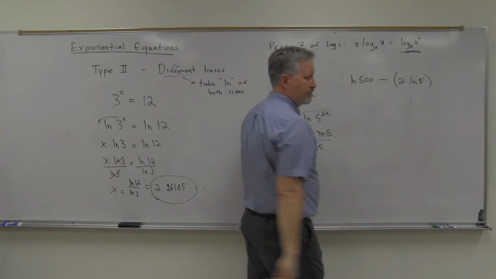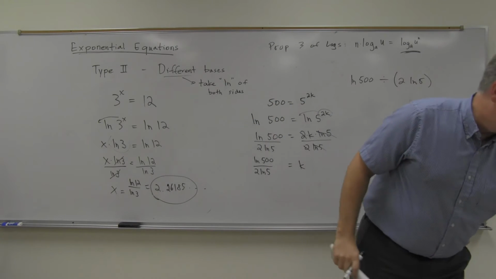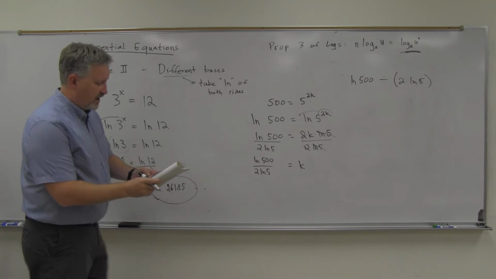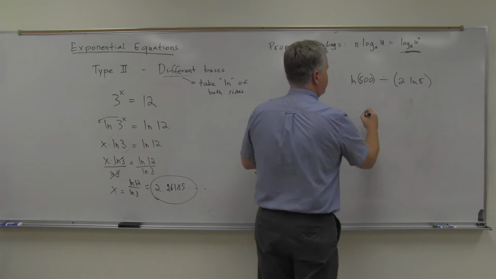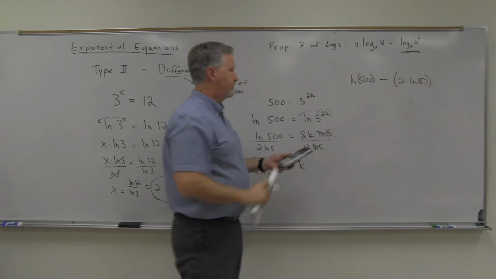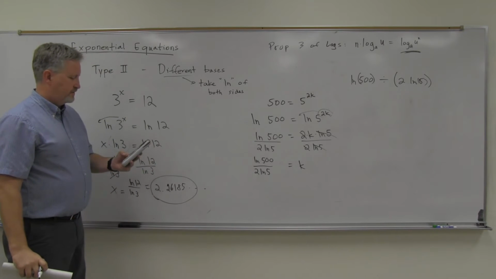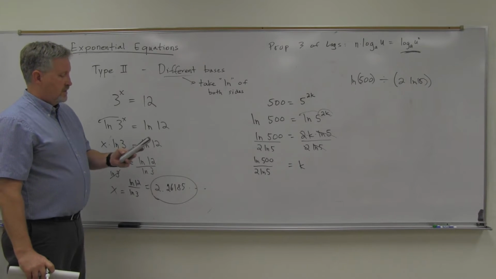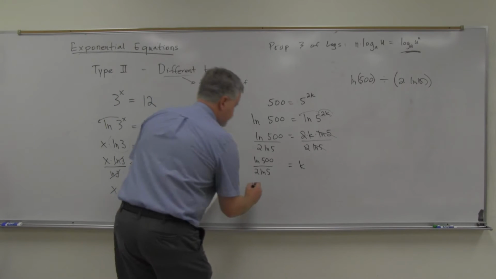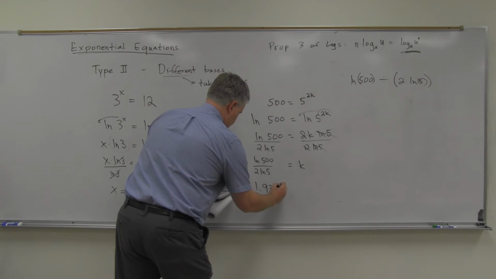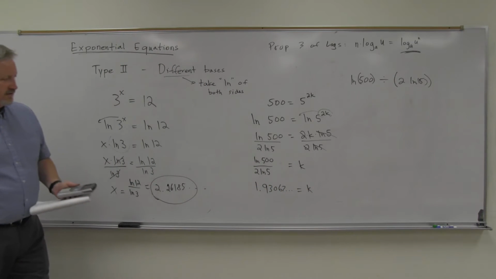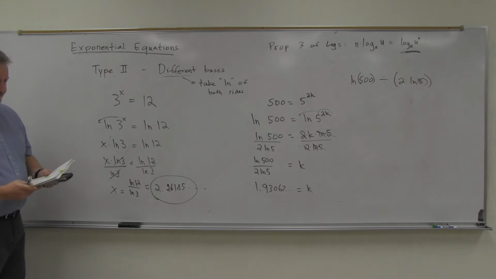Put those parentheses around the 2 and the ln of 5, and that should get you the right answer. So ln of 500 divided by parentheses 2 ln of 5 gives 1.93. So however many places they want, but be careful with entering that all in there. Okay?